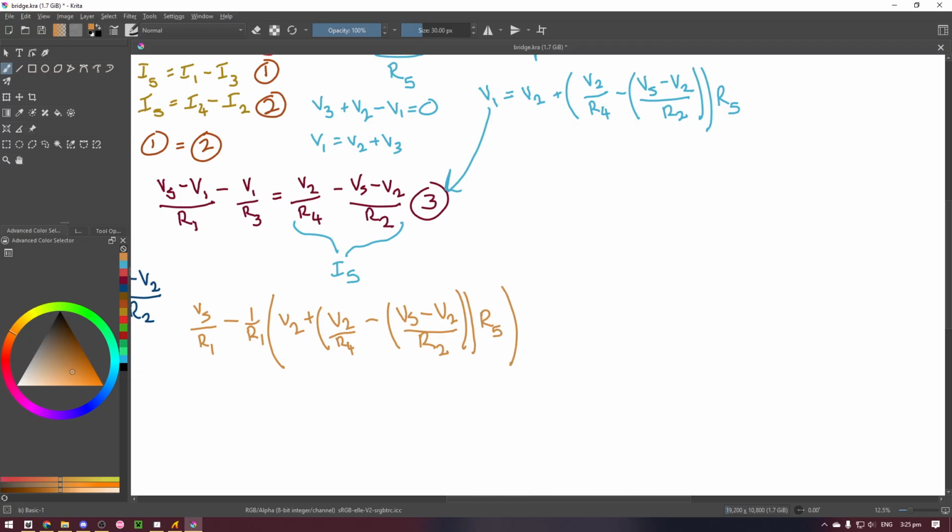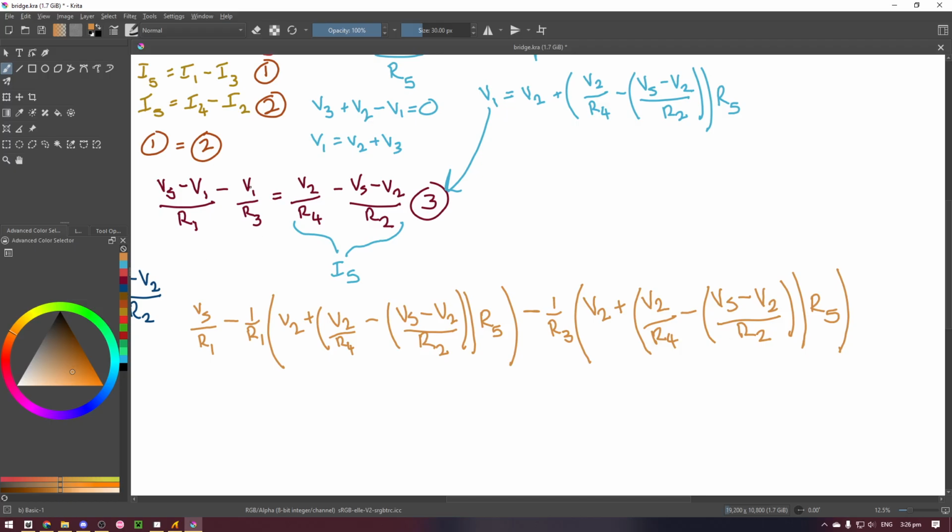Then we will have minus V1 over R3. We'll do a similar thing by doing minus 1 over R3 times V1, which is V2 plus V2 over R4 minus V source minus V2 over R2, close brackets, R5.